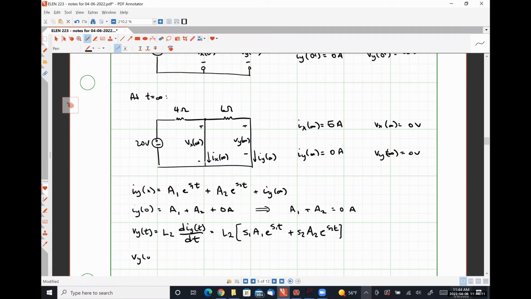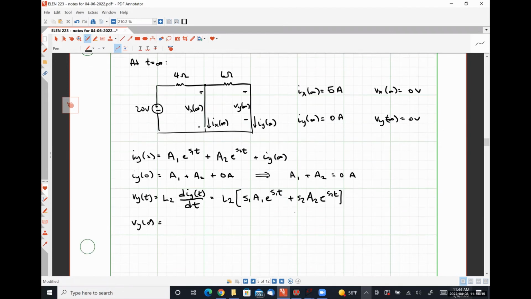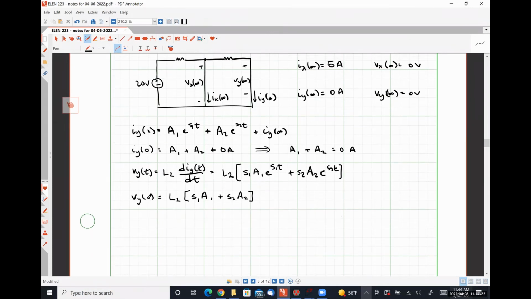So Vy at 0 plus simplifies to L2 times S1 A1 plus S2 A2. So let's substitute in some values here. Vy at 0 plus was 20 volts.